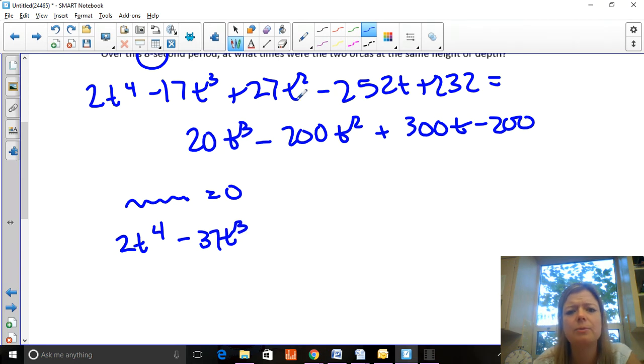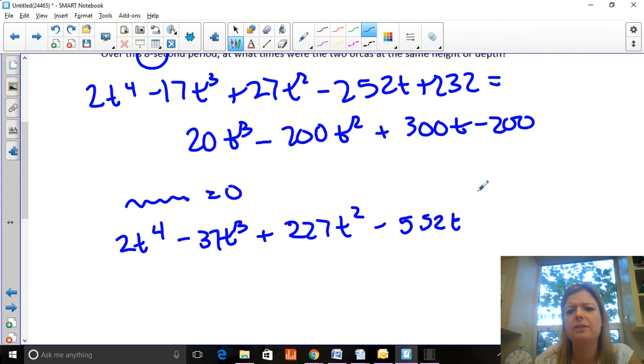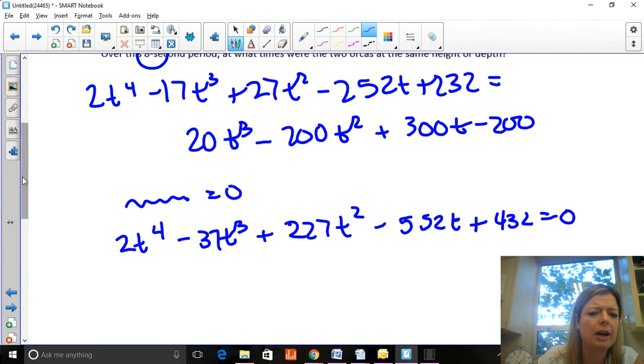And then 27t squared plus 200t squared when I move it over, so plus 227t squared. Okay, minus 252t minus 300t is going to give me minus 552t. And then 232 plus 200, so that's plus 432 equals 0.